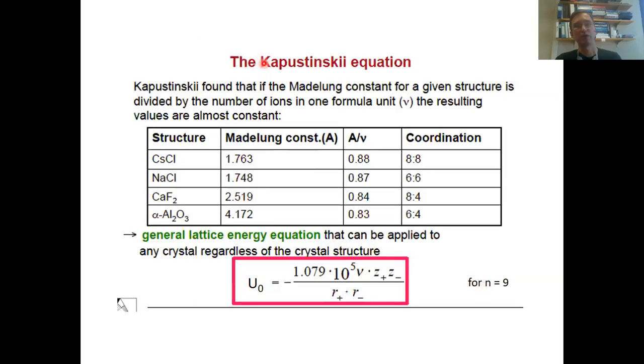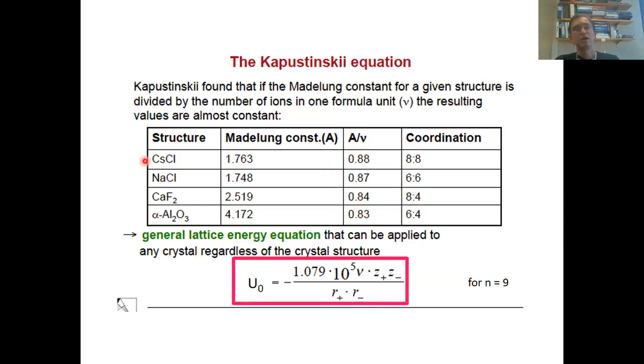However, Kapustinskii found that there is a correlation between the Madelung constant and the number of ions in the formula unit, and that when you divide the Madelung constant by the number of ions in the formula unit, you get very similar values, which you can approximate to be a constant.